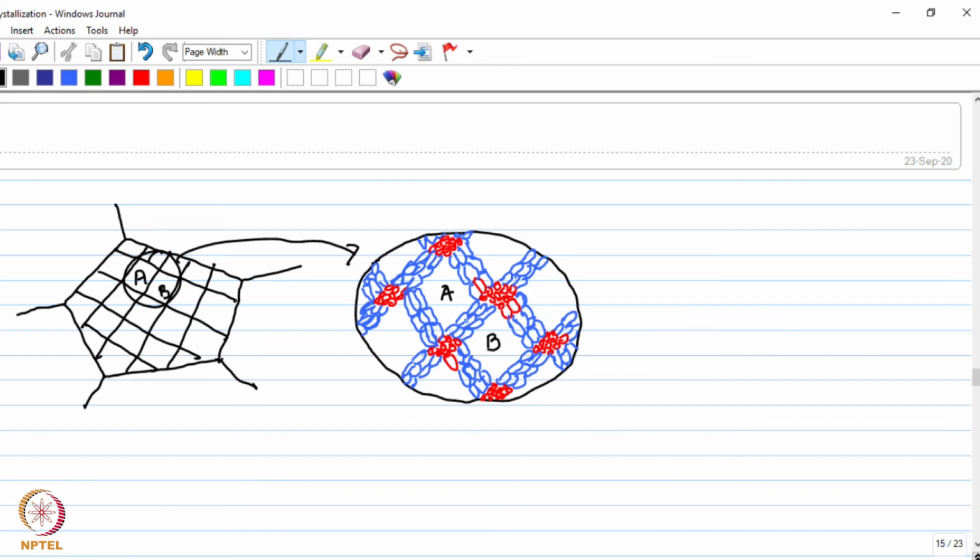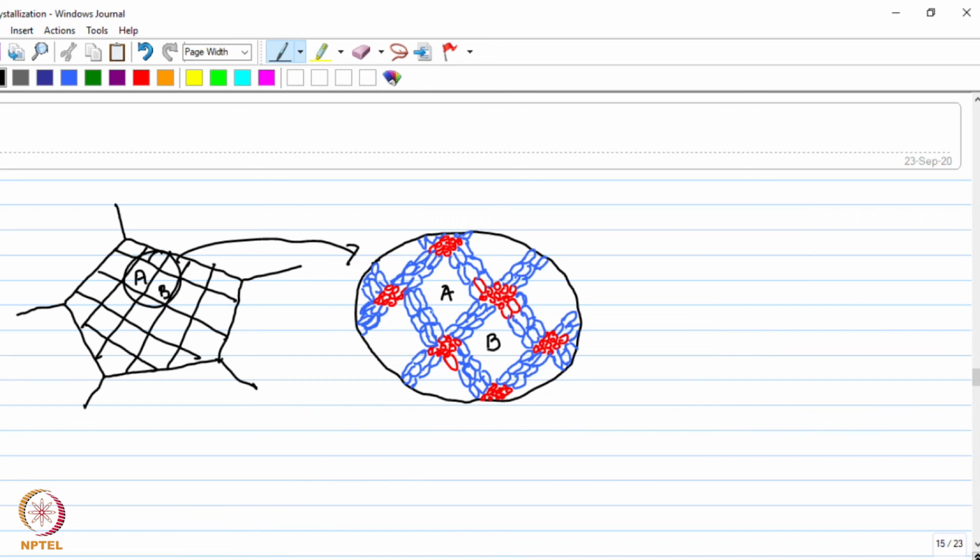Okay, so this boundary that you see over here between A and B, that is the subgrain boundary formed by the dislocations, and as you continue the deformation, the misorientation across this boundary will increase.